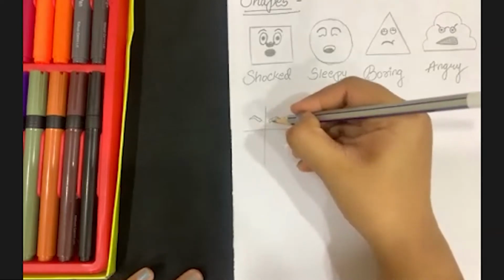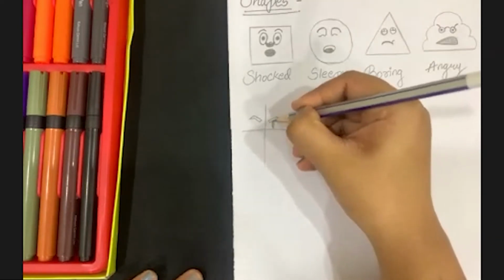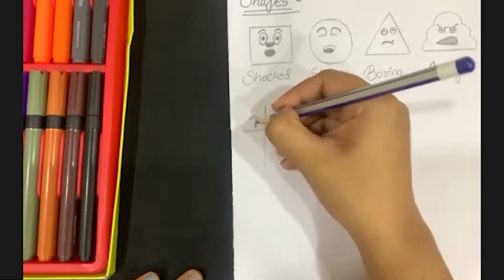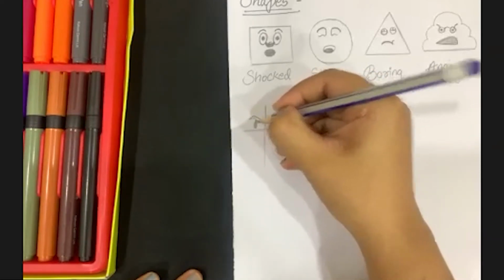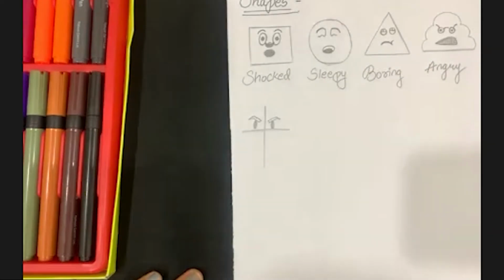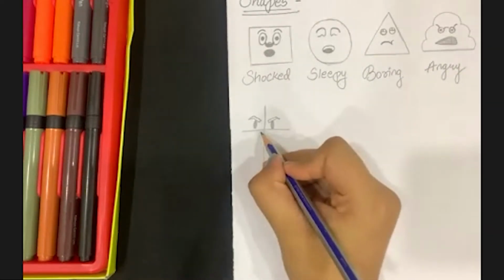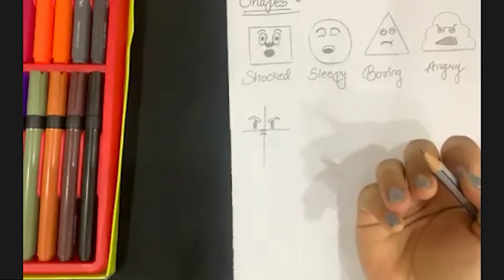Now I'm going to create my eyes. So simply I'm going to draw the oval and then fill the color. After that, instead of a nose, I'm drawing two C lines that are facing downwards.